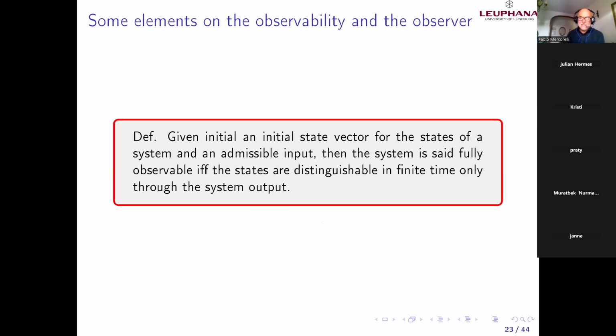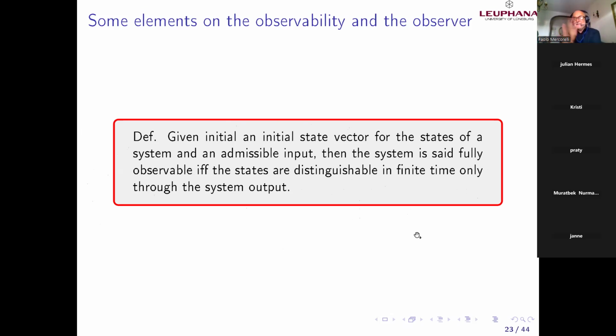I don't want to insist on this, just to show you how it is possible to say that we have a formal definition, but it's not a self-sufficient definition, I would like to say, because I have to define the concept of distinguishability.